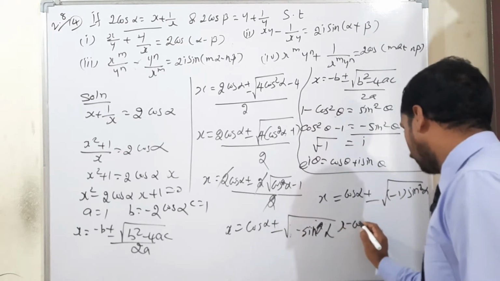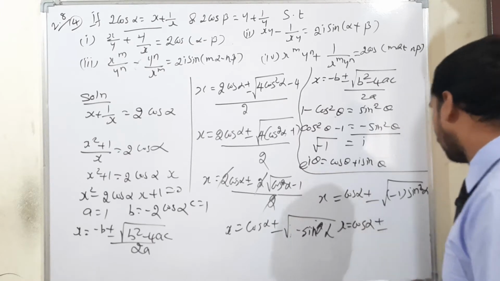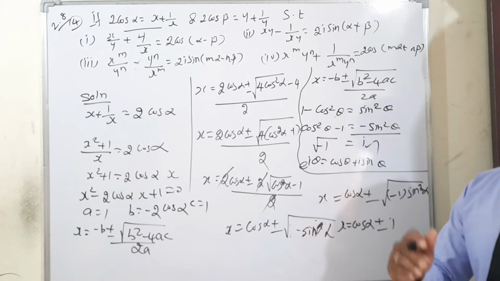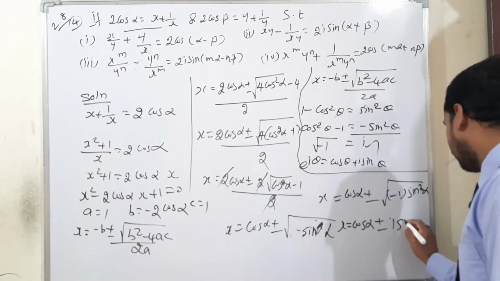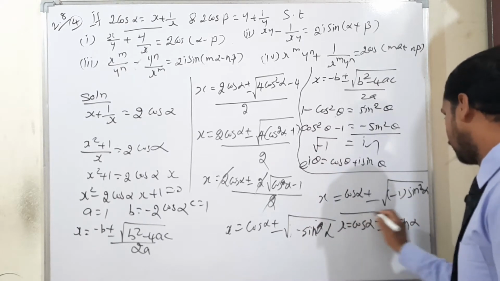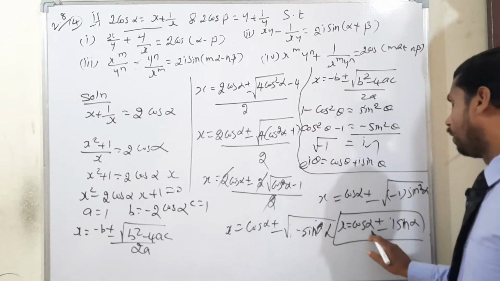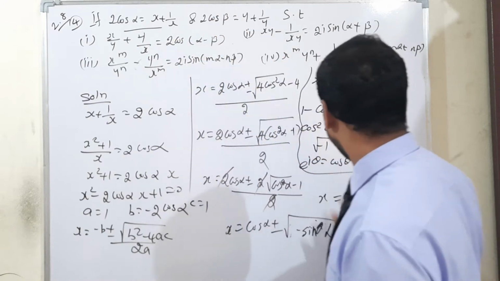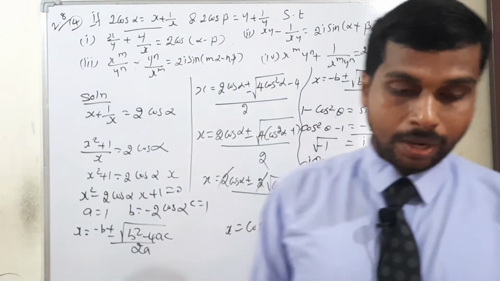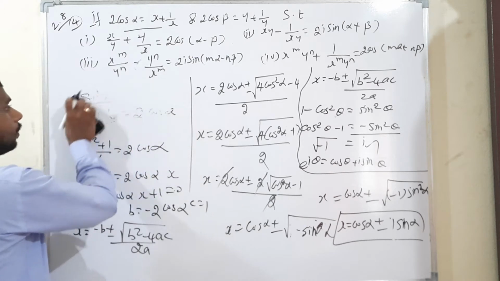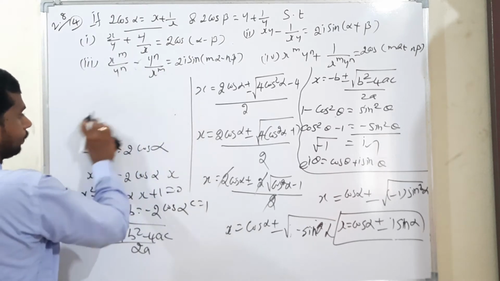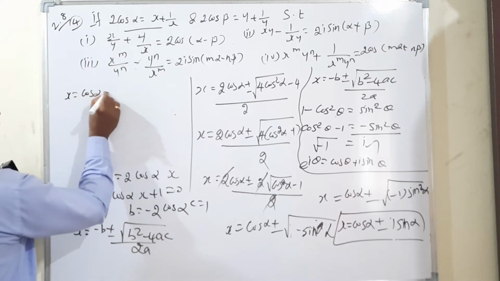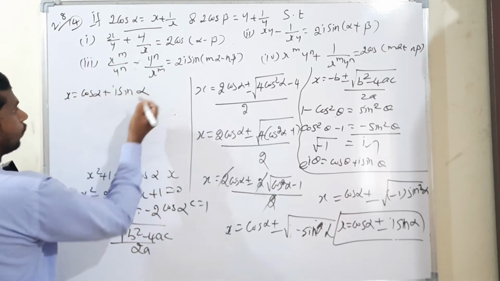Therefore x is equal to cos alpha plus or minus, the root of minus 1 is i, and the root of sin square alpha is sin alpha into sin alpha, so i sin alpha. This is the condition for x, but we only need the positive, because each and every time all the values will be positive only. So the negative value we can reject. Therefore x is equal to cos alpha plus i sin alpha.